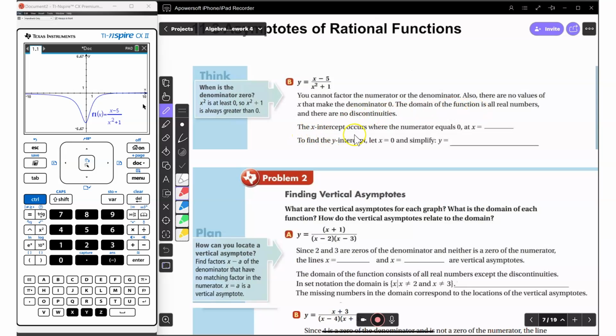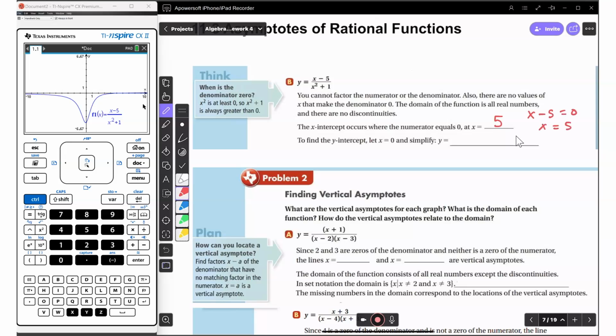Now, the x-intercept is where the numerator equals 0. So the x-intercept is when it's 5, so we have 5 minus 5. It's going to be 0. So we have x minus 5 equals 0.